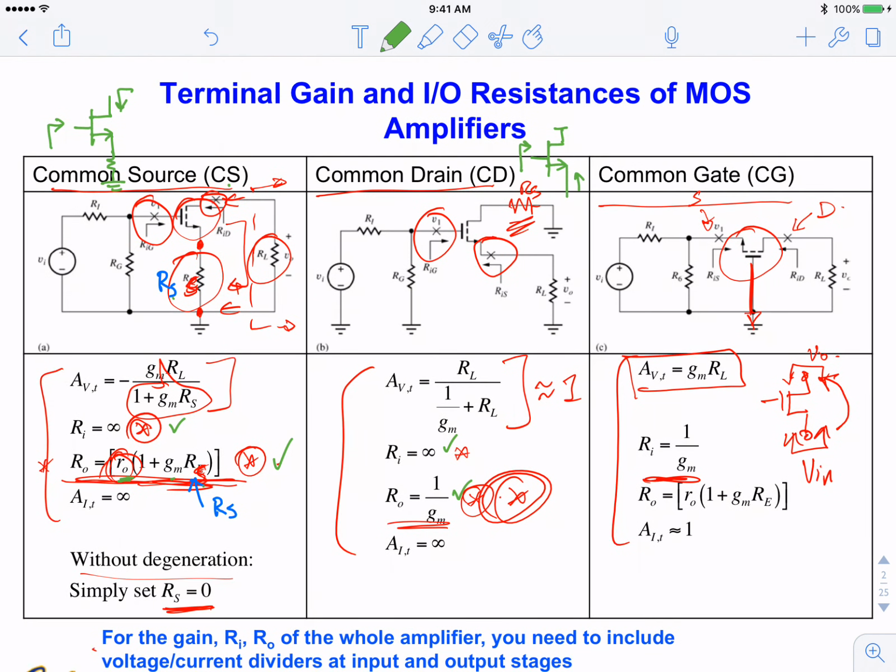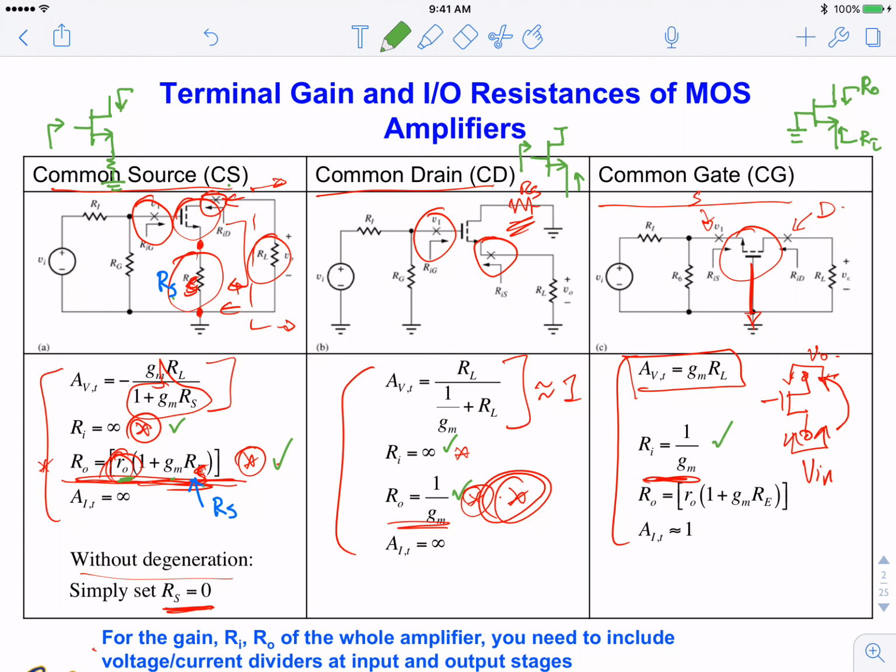Common gate is the case where we go input here. So this is Ri, common gate, right? And this is R out here. Ri, you look into that, that's 1 over GM, check.